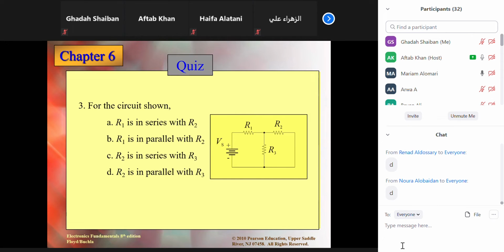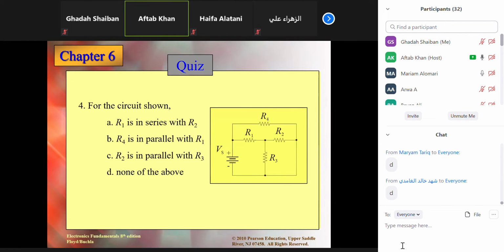D. Okay, R2 parallel with R3. C. R2 is in parallel with R3. Yes, they are parallel because they are connected between 2 common nodes. C.